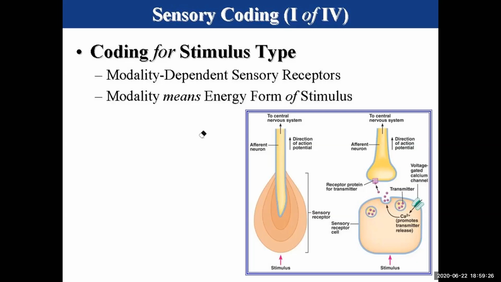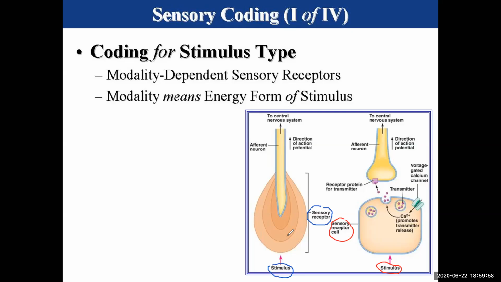Now, it takes two to tango, right? It requires the presence of the stimulus, but it also requires the specific receptor that is tuned to that stimulus. So for example, here, this stimulus needs to be recognized by this particular receptor cell. So the chemical from food would not be detected by the Pacinian corpuscle and vice versa.